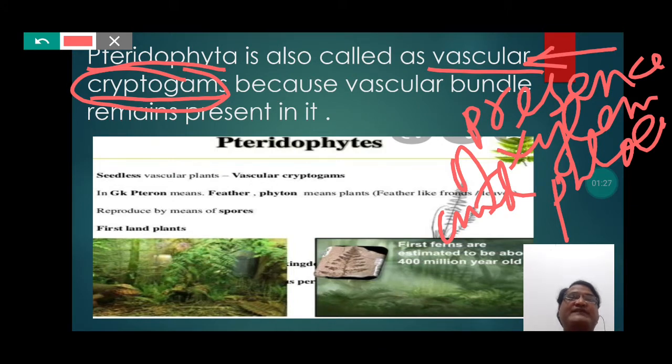So students, we can say that this category of plants generally possesses xylem for the conduction of sap and phloem for the conduction of organic materials.